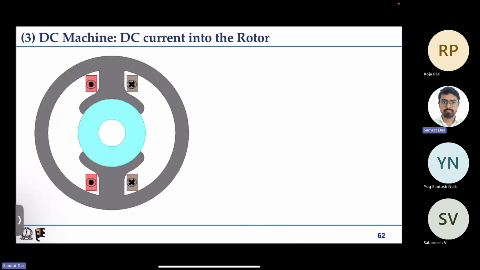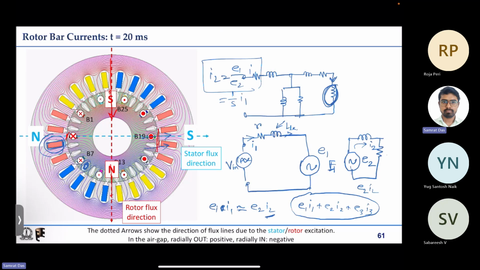So I'll stop at this point. Enough of the introduction to the entire set of machines. Now we'll go to DC machines and continue our discussion. We'll first understand the field in the DC machine, which eventually turns out to be the most complicated electrical machine in that sense. If we try to understand it from a field perspective, I cannot simply explain it as I explained the synchronous machine or the induction machine.